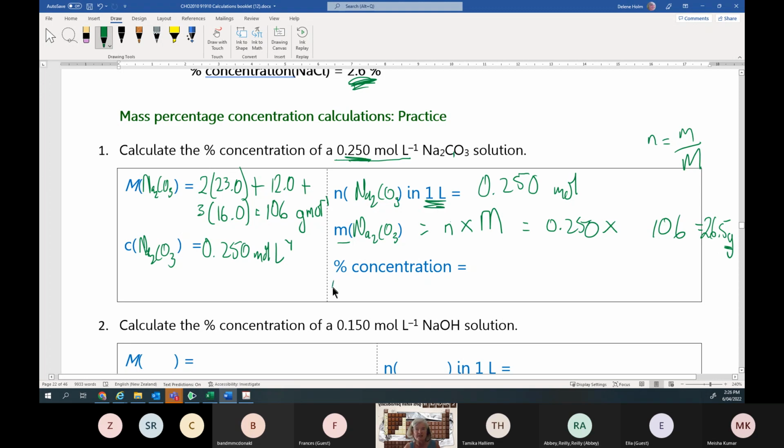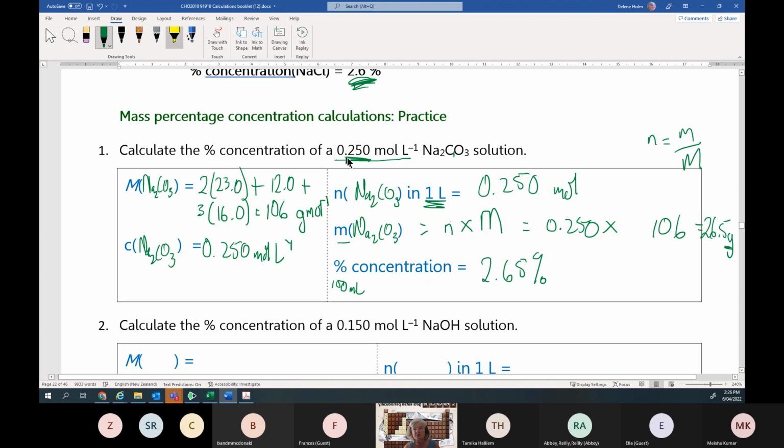So to do percent, which is 100 milliliters, what do I need to do? I need to divide, and I need to divide by how much? Divide by 10. So my answer is going to be 2.65%.